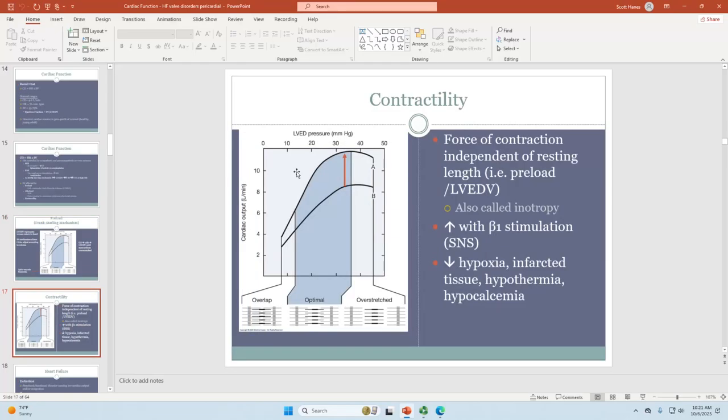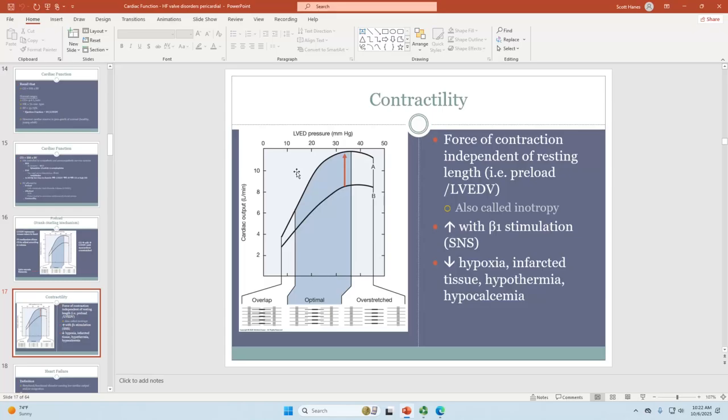In other words, if we increase contractility, we're moving from B to A, at the same actin and myosin interaction, and increasing cardiac output. That would be an increase in contractility. And obviously if we go from A to B, that would be a decrease in contractility. So it's the force of contraction independent of a change in preload. It's just the inherent contractile function of the heart.